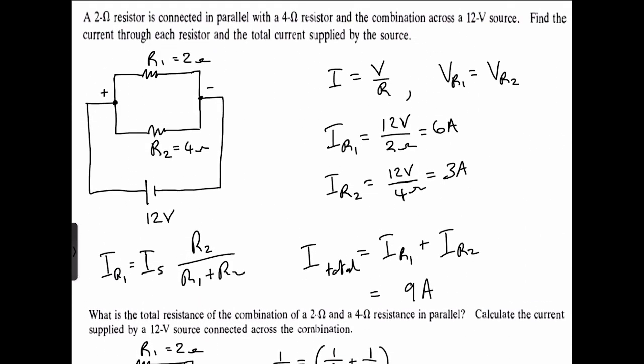Here we find the current through R1 by knowing the source current and the resistor values for each resistor. And that would give us the same current, 6 amperes.